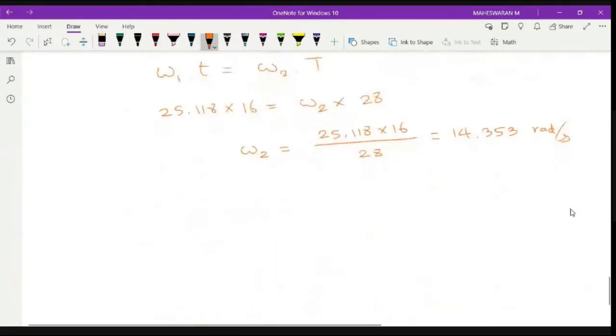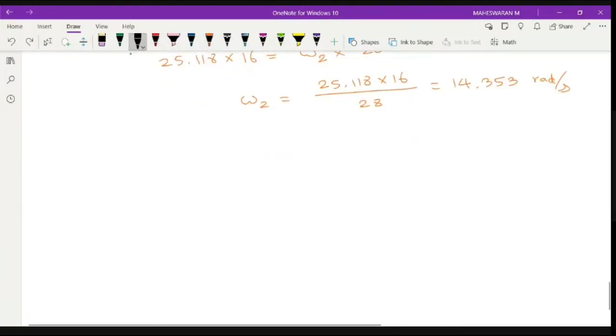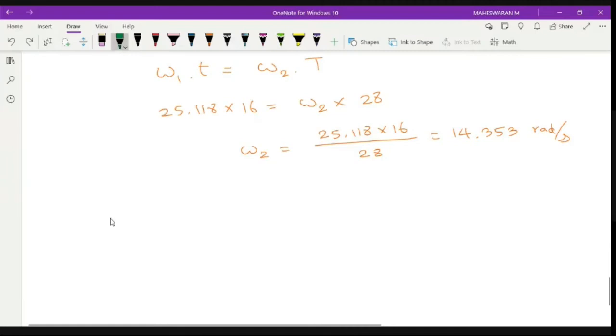Next, my aim is to identify sliding velocity. I will use some other color, green.